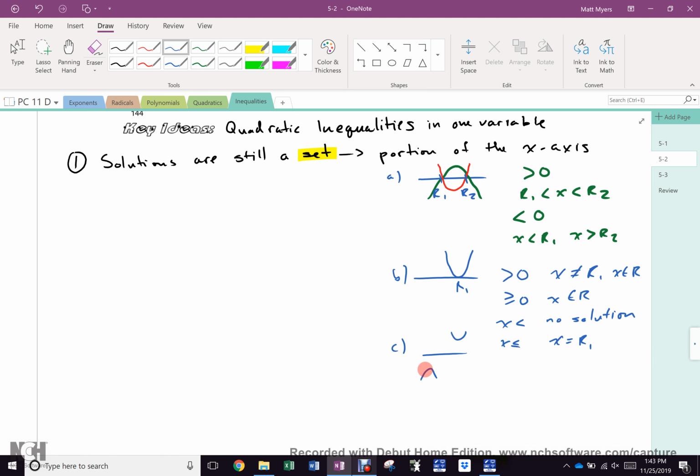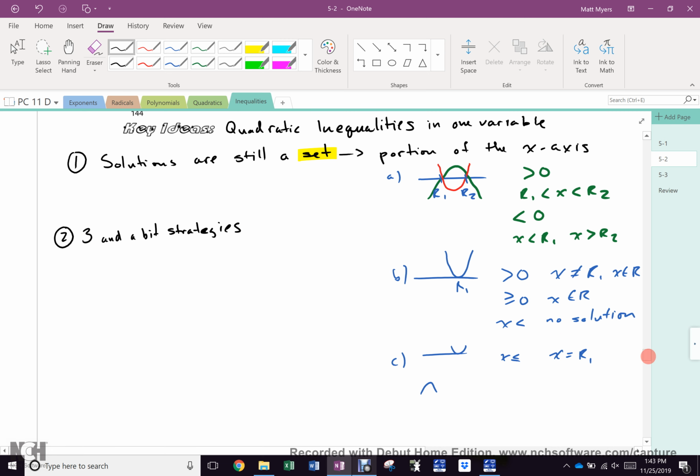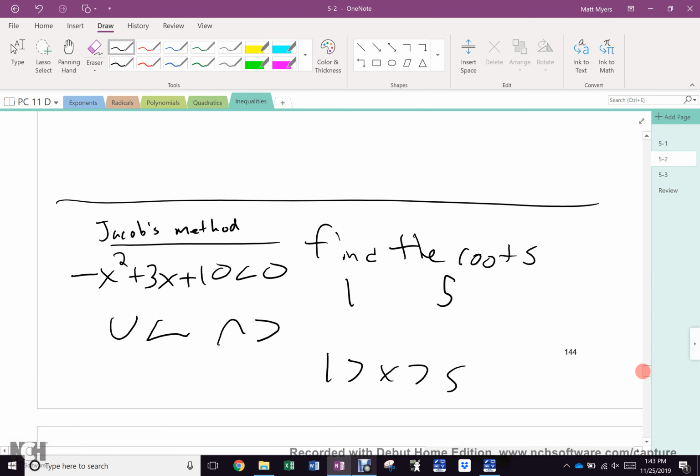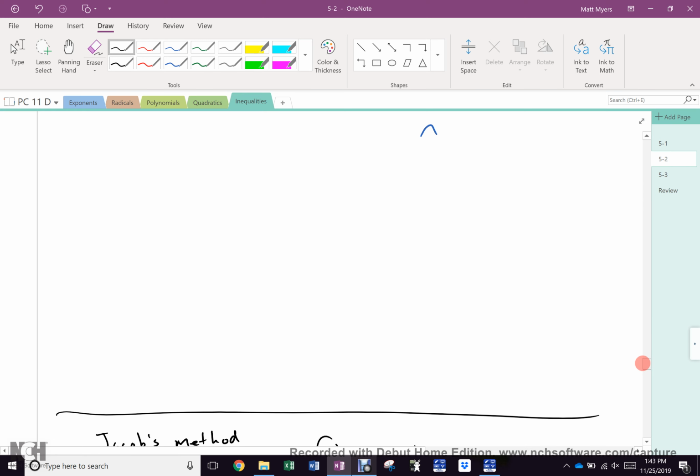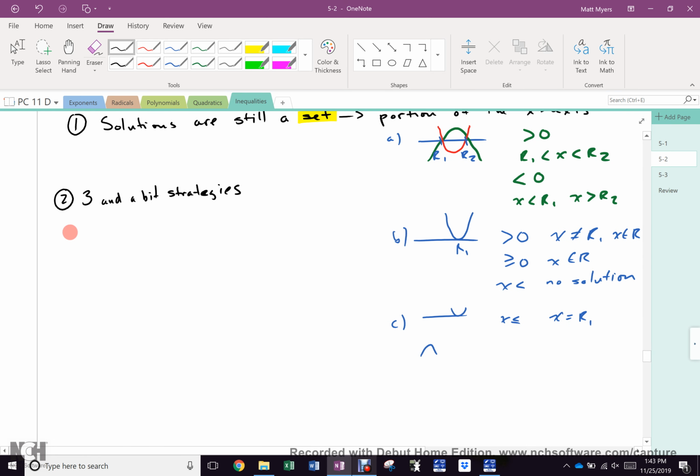There are 3 and a bit strategies to find these roots. There's the 3 I've shown you, and there's Jacob's. If you followed this, go ahead. It works for Jacob. 1 is graph it, and then we know by inspection. We simply look.